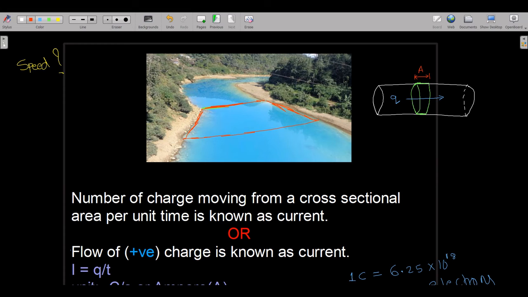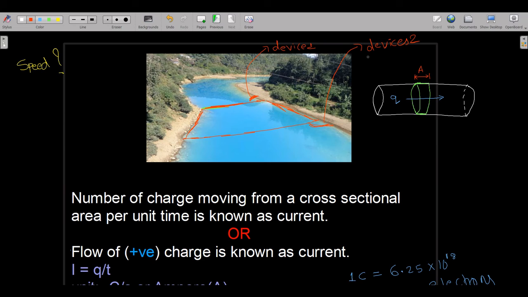I'm setting some device over here and another device over here. Let's assume this is device 1. Forget what it is, just assume these are the two devices used to measure the speed of the fluid.